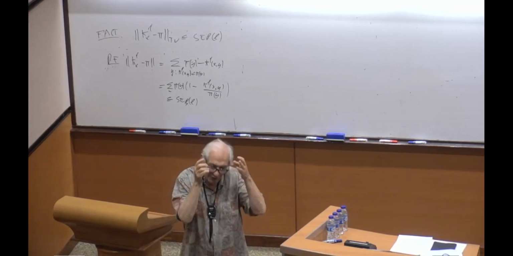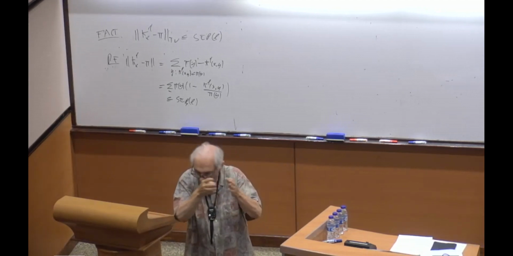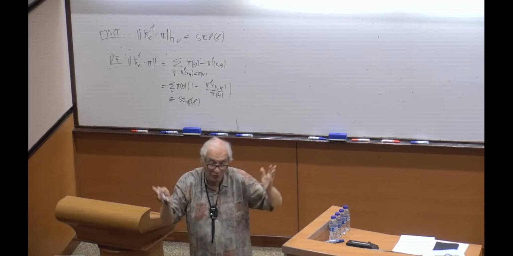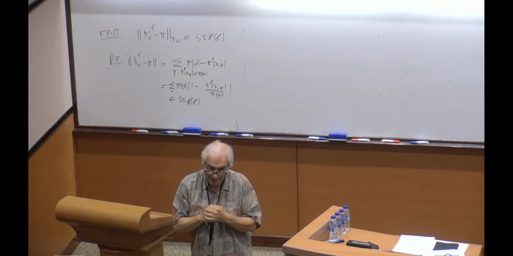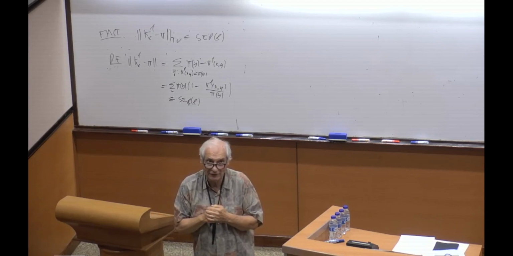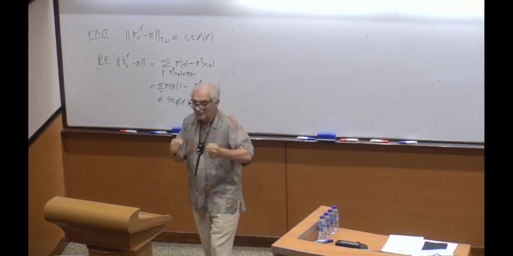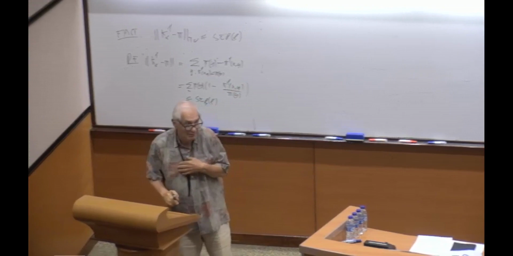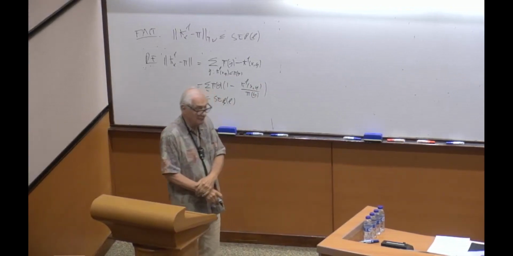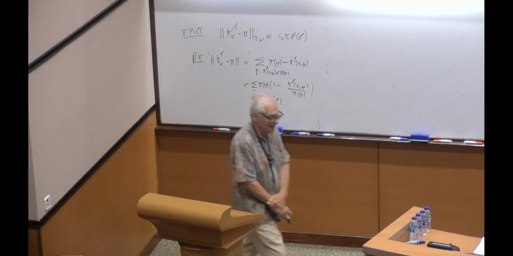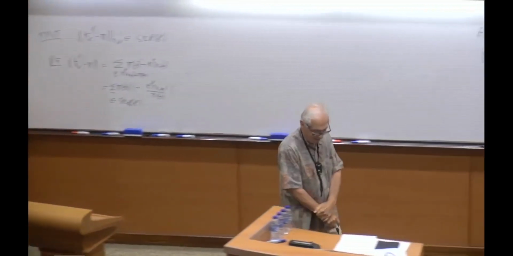If you start with all the balls in the left-hand urn, it takes order n log n. If you start with the two urns about balanced, it takes order n. The starting state can make a big difference in the rate of convergence. Somehow people want to be mathematicians and they've forgotten that people actually care about the answer. Well, okay, I still work with n equals 52. Thank you for reminding me of that.